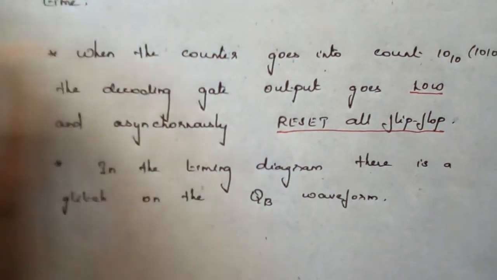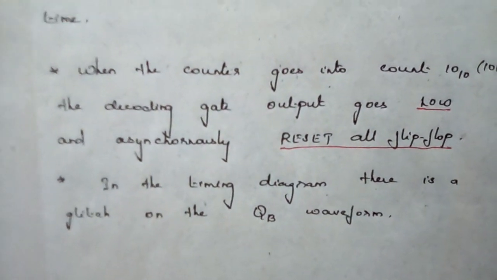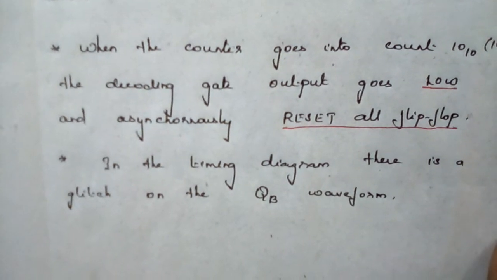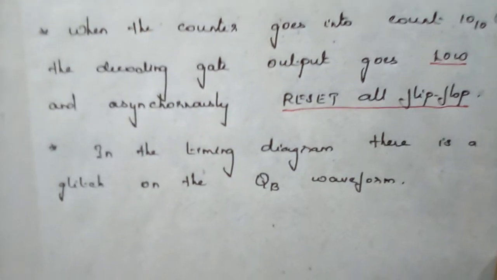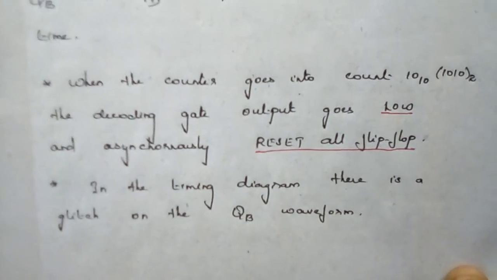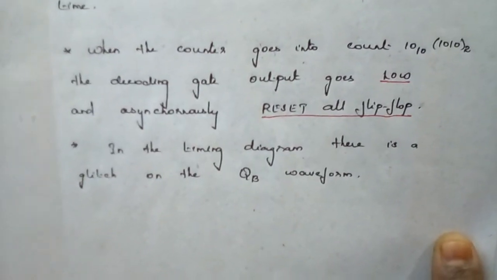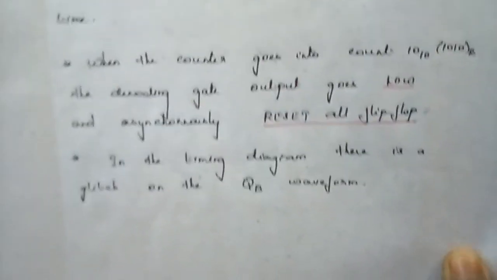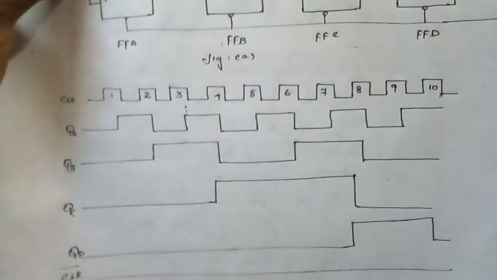So the asynchronous decade counter is similar to a BCD counter. It consists of four flip-flops. The clock pulse is provided to the first flip-flop, and the output of the first flip-flop is given as the clock input of the next flip-flop, and the flip-flop inputs J and K are tied high.